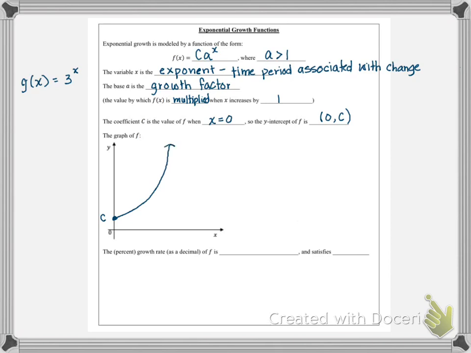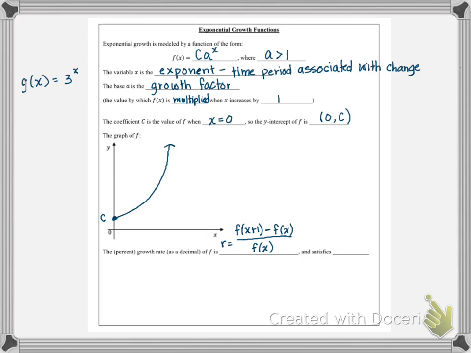Remember, that's what we figured out about exponential relationships: exponential growth is growing, but it's growing faster and faster and faster. Our percent growth rate is, we already said, the change in y values divided by the initial y value.